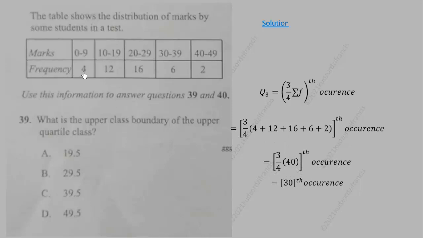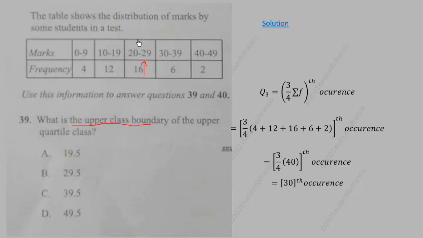So we are going to add from down here. 4 plus 12 plus 16. 4 plus 12 is 16, plus 16 is 32. So it is corresponding to this class here. The 30th occurrence is located here. Then we are supposed to find the upper class boundary.